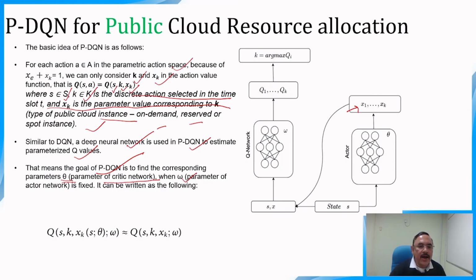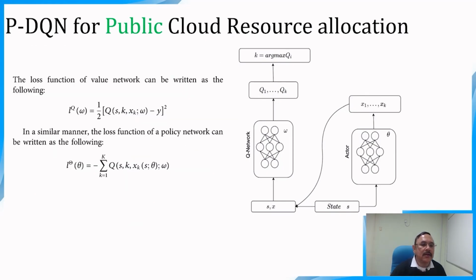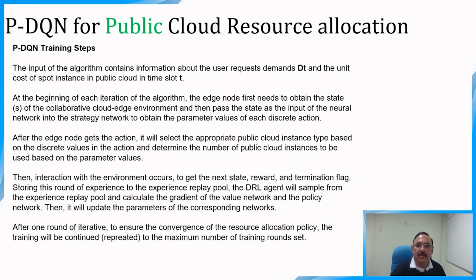When omega, that is the parameter of the critic network, is fixed, it can be written as the following. So, the loss function of the value network can be written using this equation, and in a similar manner the loss function of the policy network can be written by this equation here.